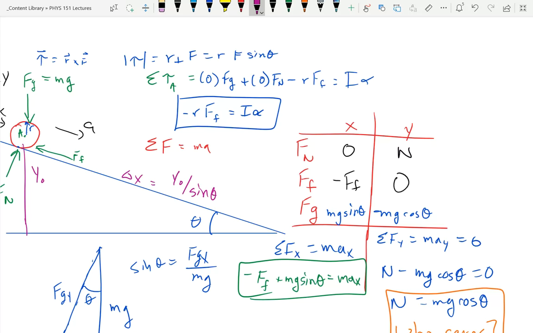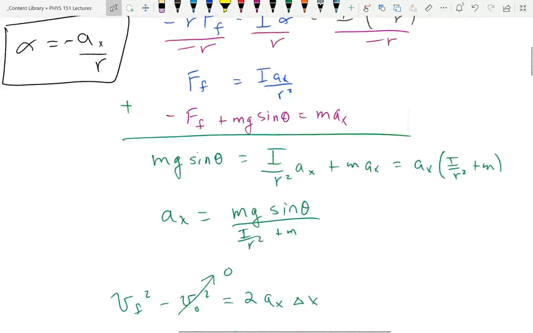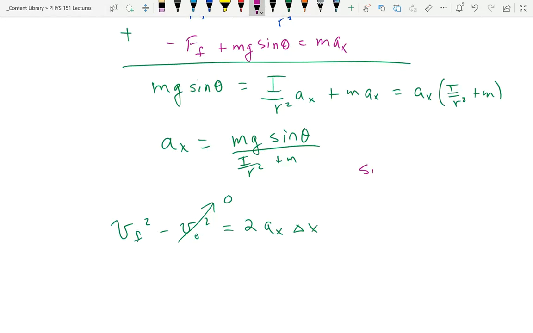Where did that come from? Sine theta is opposite over hypotenuse, so sine theta is y0 over delta x. I'm going to write that down here, not just say it. So there's my delta x.